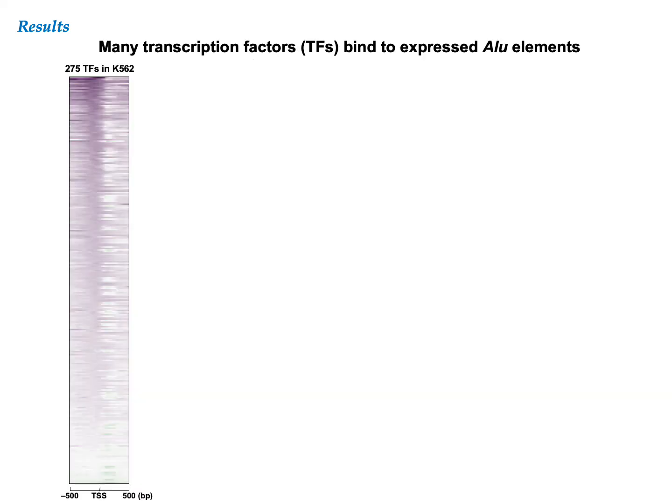We further took advantage of the wealth of ChIP-seq data ENCODE has produced on transcription factors. We were somewhat surprised that many of the TFs with ChIP-seq data in K562 showed enriched binding at Alu elements expressed in K562 cells.